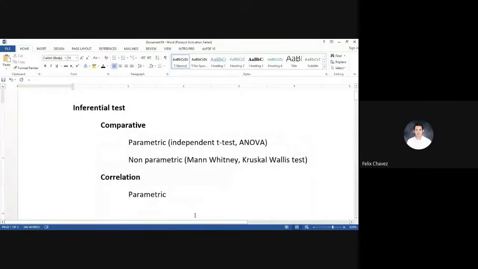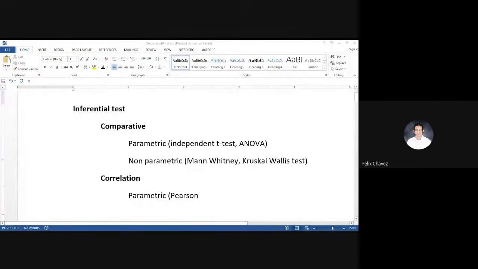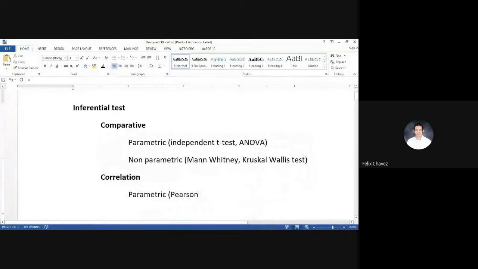So in the correlation analysis, we have common parametric testing like the Pearson R, the linear regression analysis. So these are common parametric tests and the non-parametric tests for correlation.